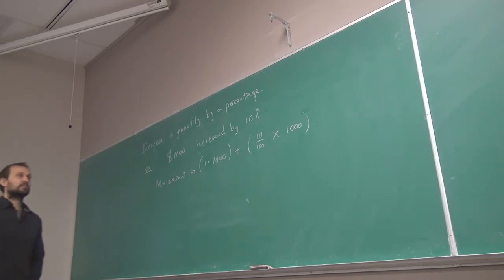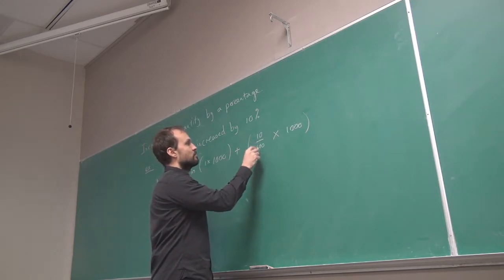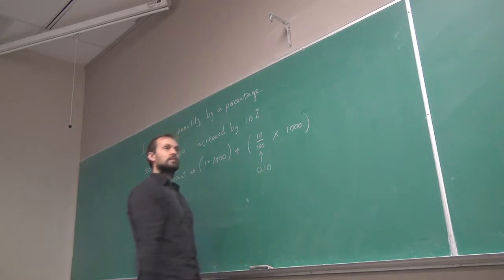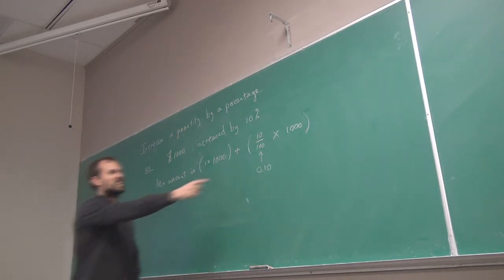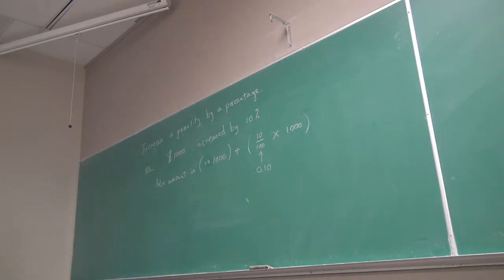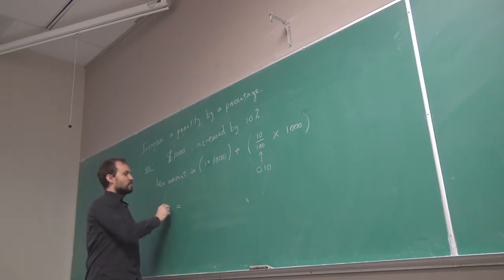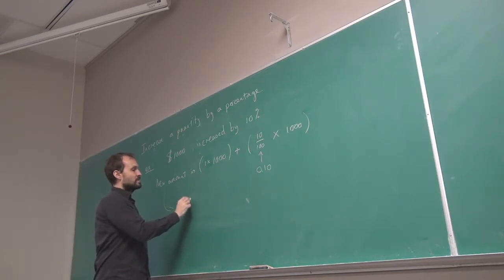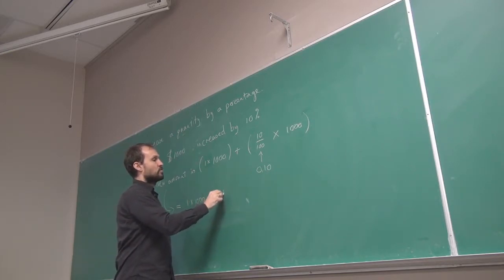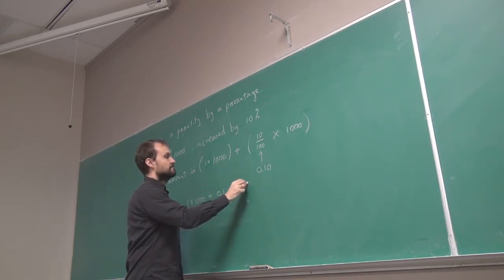Now, in this case, decimals, I feel a little bit nicer, actually. So, in place of this, we can write the decimal version of the fraction. And I'll emphasize the second decimal, because sometimes it won't be a 0. So what do I have? My new amount is 1 times 1,000 plus 0.10 times 1,000.